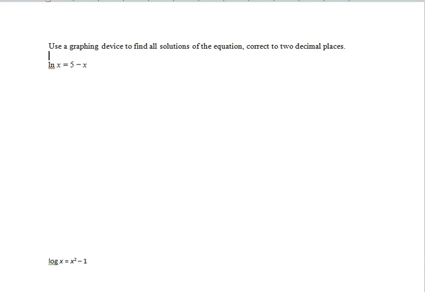We're going to use a TI-84 to find all the solutions of the given equations, correct to 2 decimal places. The first equation is natural log x equals 5 minus x.